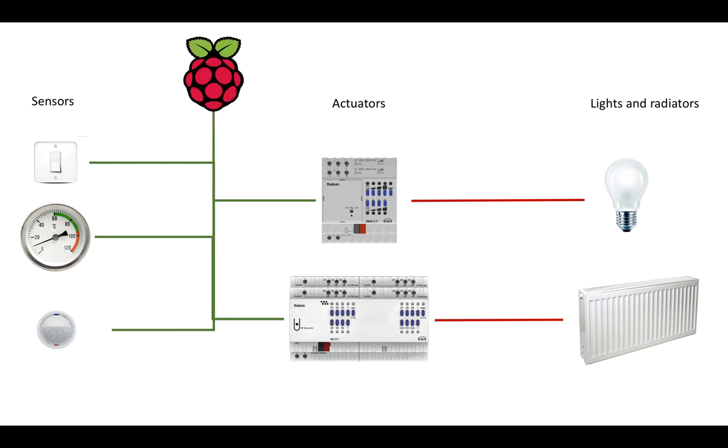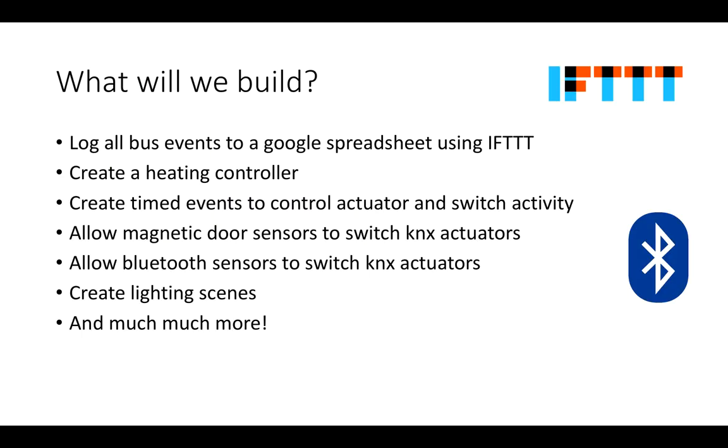But what we're going to be doing is effectively connecting a Raspberry Pi to this bus and then doing a lot of cool stuff with that Raspberry Pi. So what kind of things are we going to do? Well, here's just an example of some of the things that I've done, which I'll be showing you later on in this series.